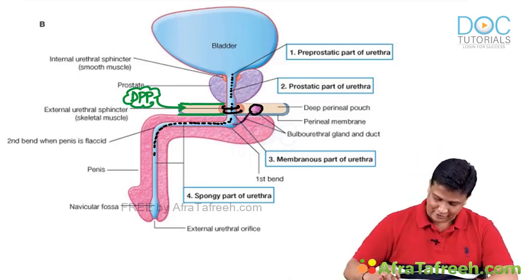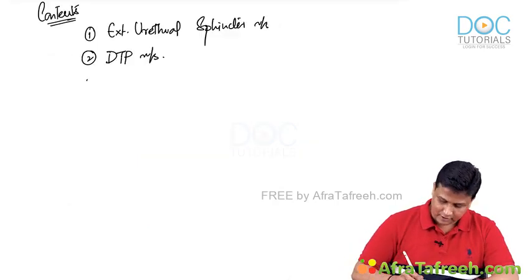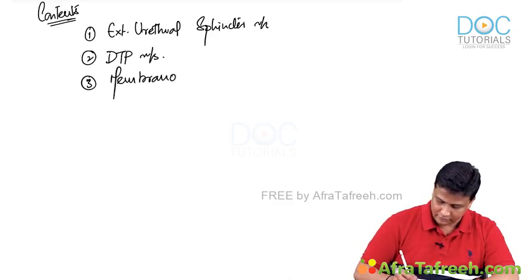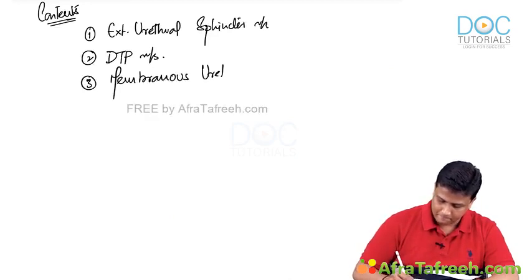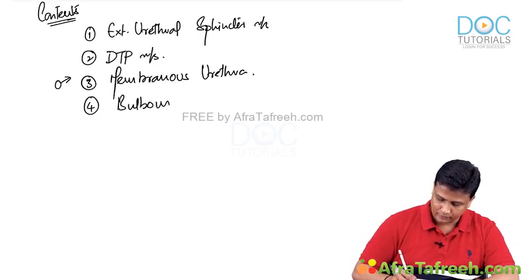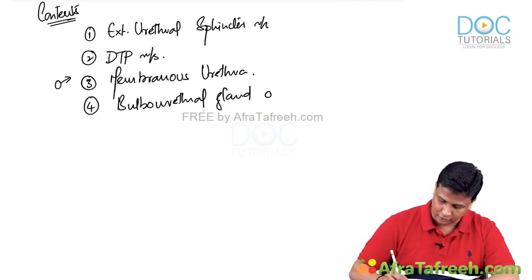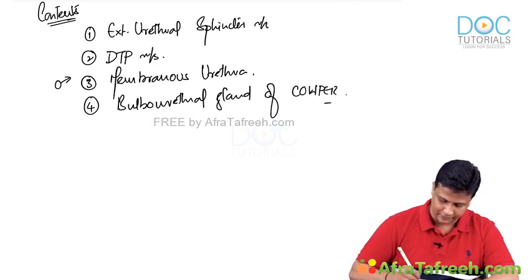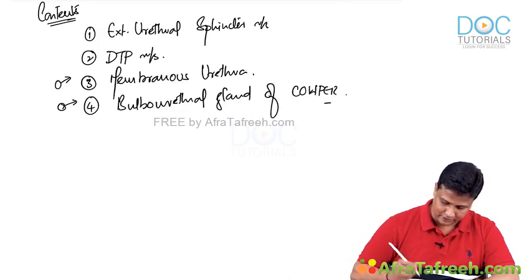Perfect. So let's make a note of this one here. Content number 3 in the deep perineal pouch will be the membranous urethra, but that is only in the male. Content number 4 will be the bulbourethral gland of Cowper, or simply Cowper's gland, and even that is also in the male here.